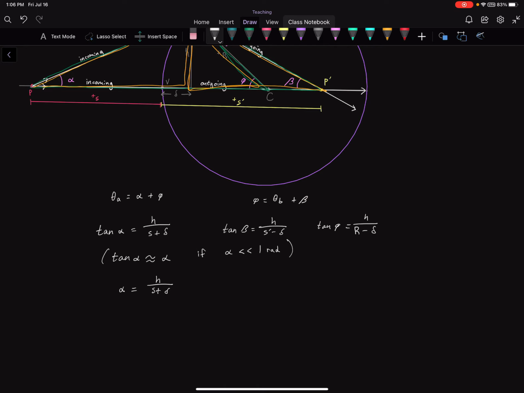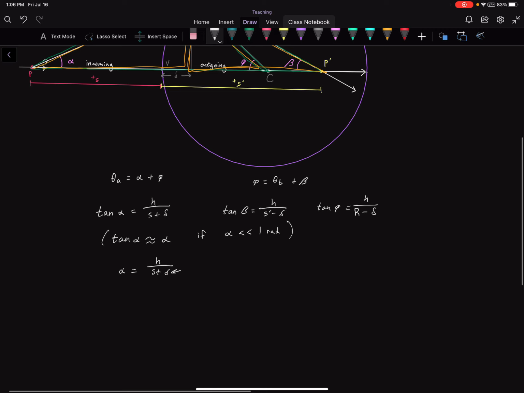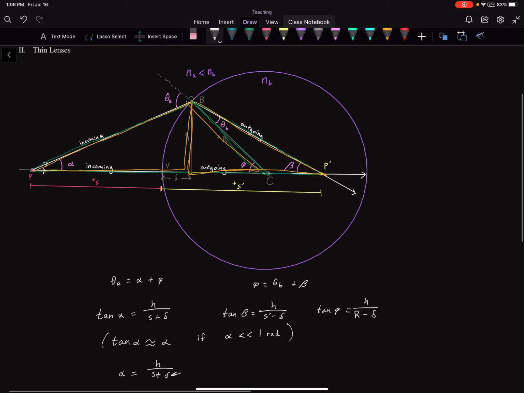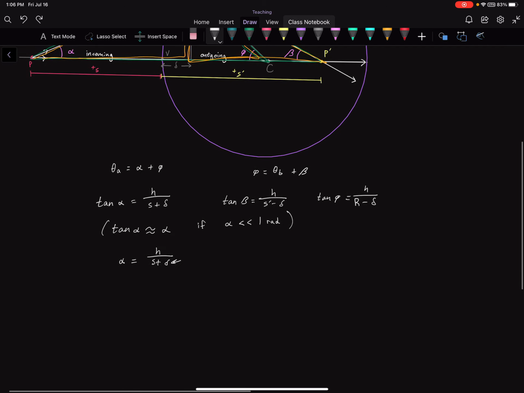But if you remember, what followed immediately was that this is much, much smaller if we're taking tiny, tiny angles. So a good way to visualize it is, instead of this exaggerated picture that I've drawn, really we're considering angles that are like this, right? Much, much smaller than 1 radian.